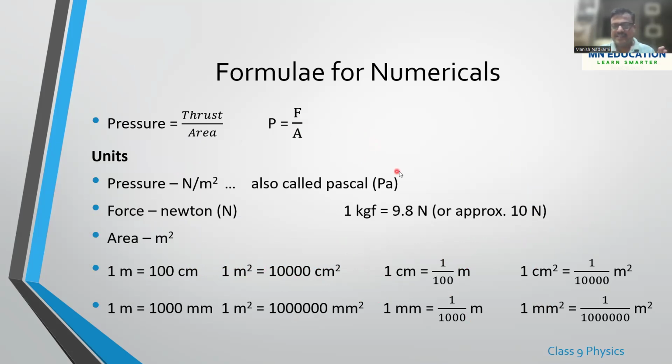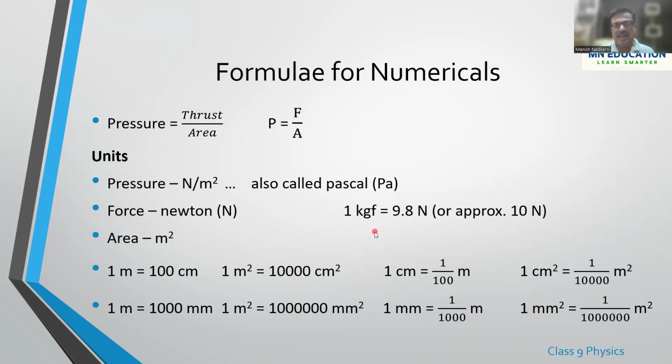So based on what we discussed so far, these are certain things that are going to be useful for solving problems. Pressure we saw is thrust upon area, which is basically force upon area. The unit is Newton per meter square or Pascal. Force is normally measured in newtons, that is the SI unit, but sometimes they could give you the force in kgf, kilogram force.